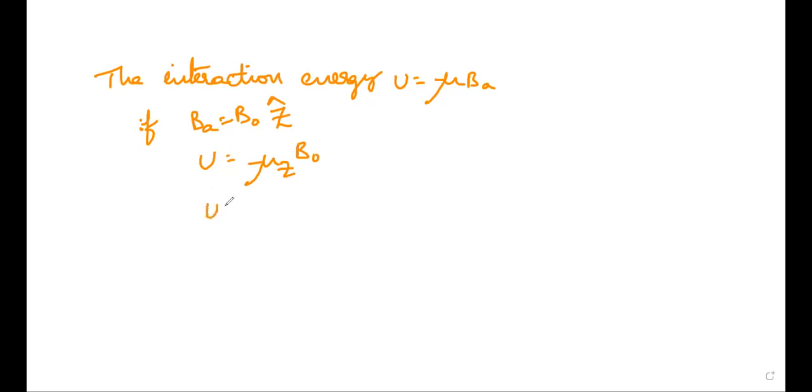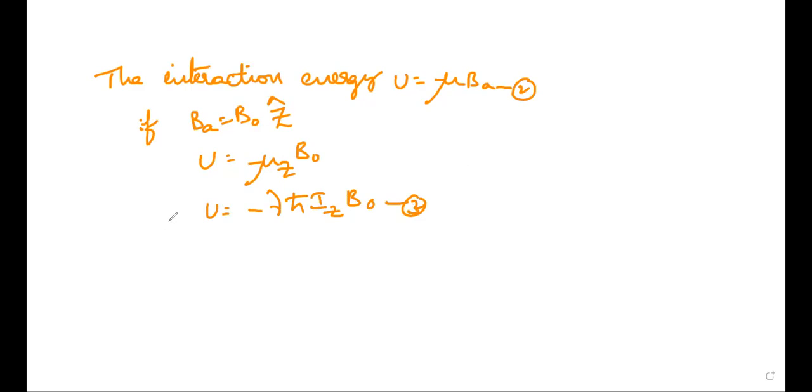So U is equal to minus nu h cross Iz into B naught. This is equation 1, this is equation 2, and this is equation 3.